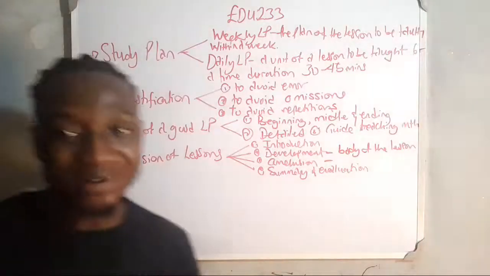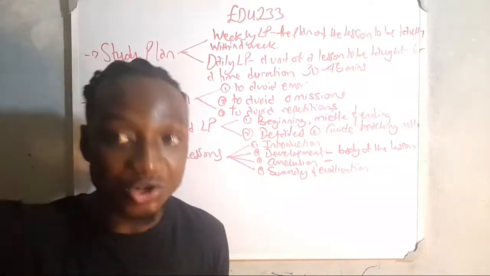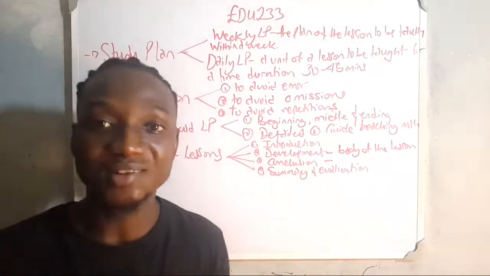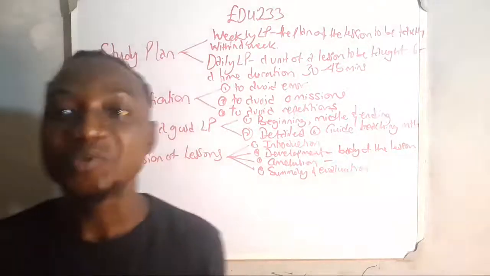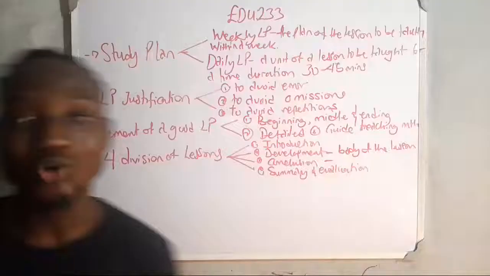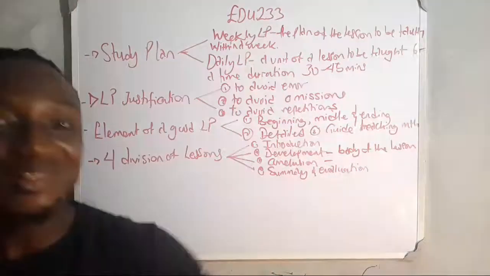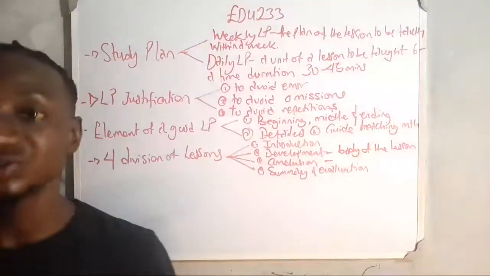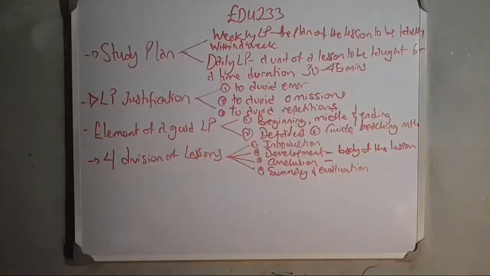To know this, you have to throw questions that, on average, they should be able to respond to, on the basis of what you have just taught. Evaluation is when you measure the success of that knowledge you are trying to pass across.